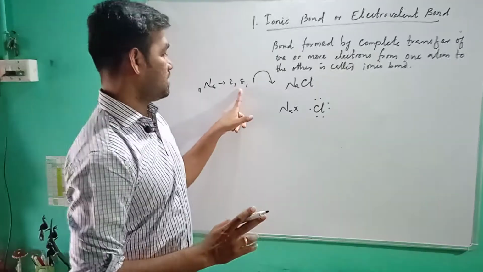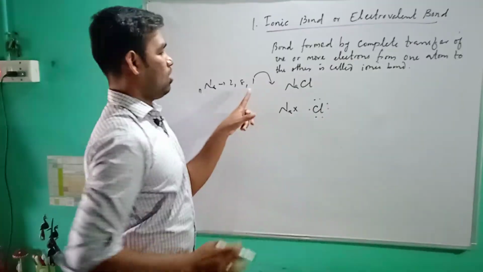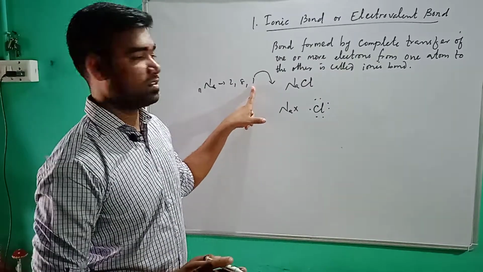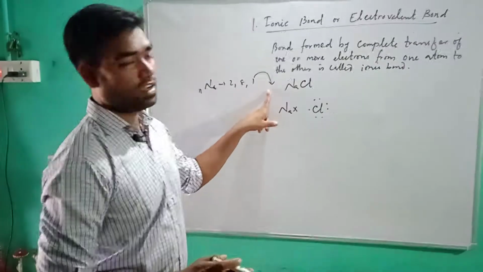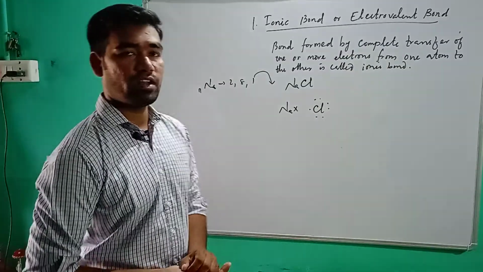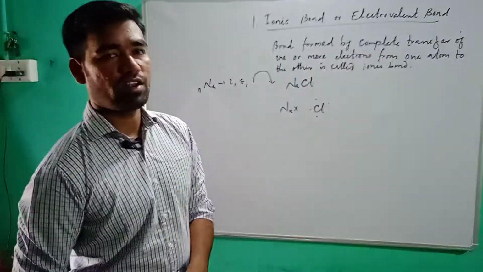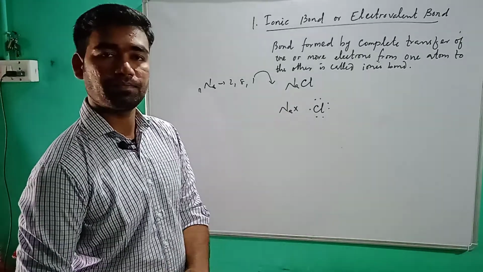One more possibility is if it accepts 7 more electrons onto the third shell, then it will have octet configuration in the third shell. So which one is easier, to donate 1 electron or to accept 7 more electrons? Obviously, to donate 1 electron is much easier than accepting 7 more electrons, and that is how sodium can donate this 1 electron easily.